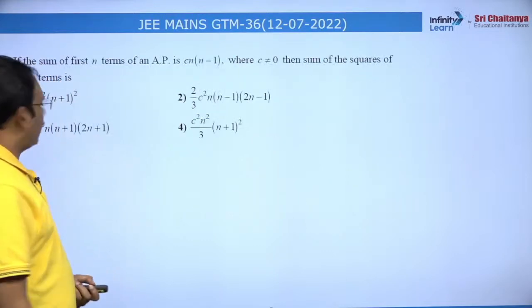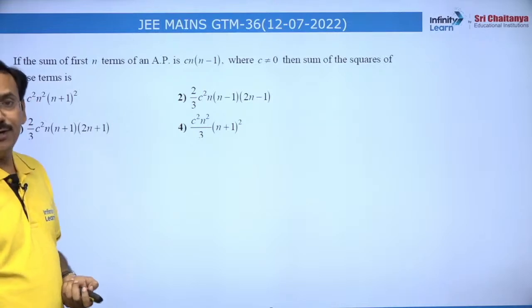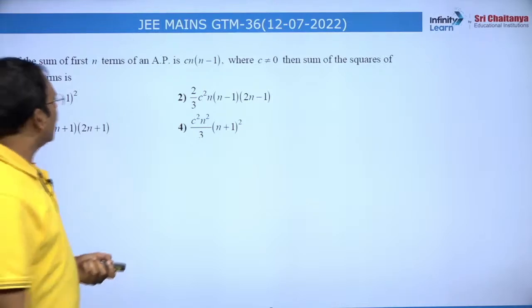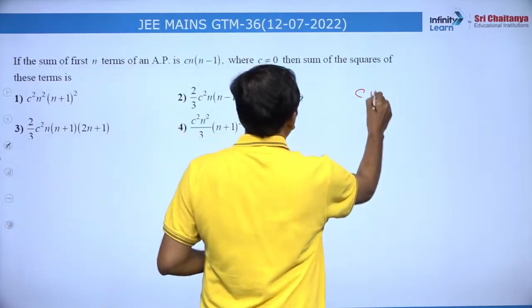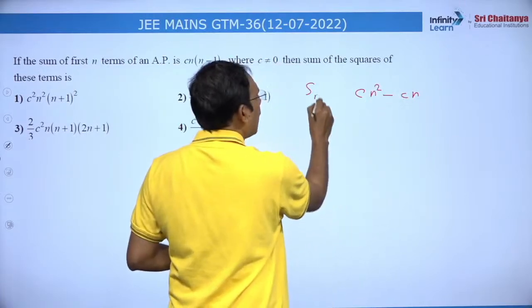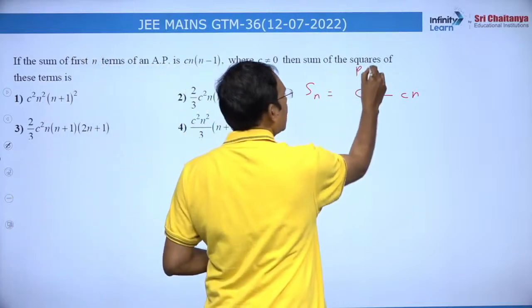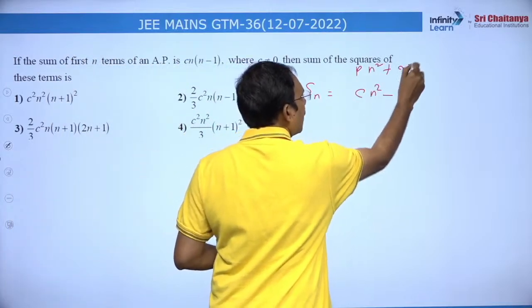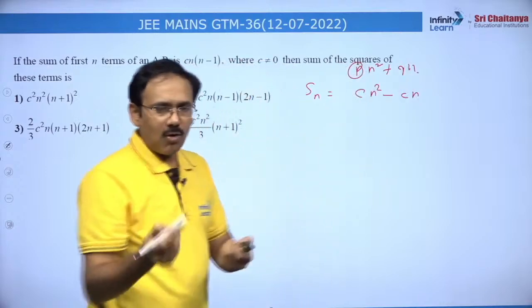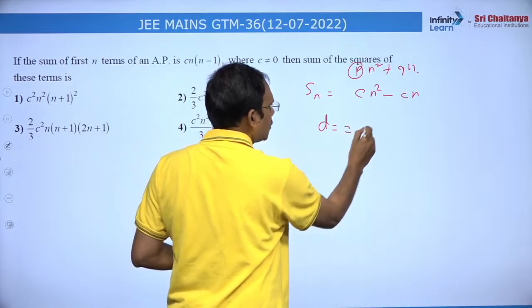The next, my dear friends: the sum of the first n terms of an AP is Cn into n minus 1. You see here, this is going to be Cn squared minus Cn. You know, the sum of n terms of an AP will be in the format Pn squared plus Qn, and 2P is the common difference. So, in this AP, the common difference is double of this, 2C.